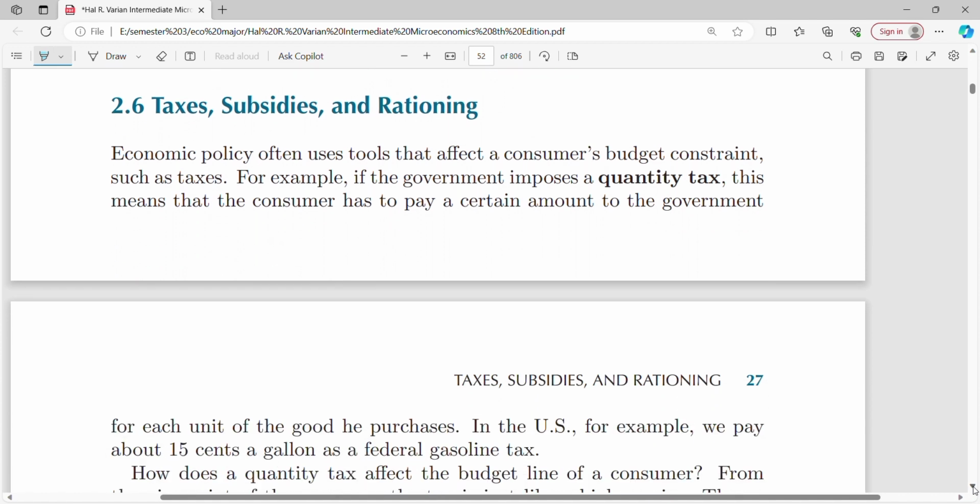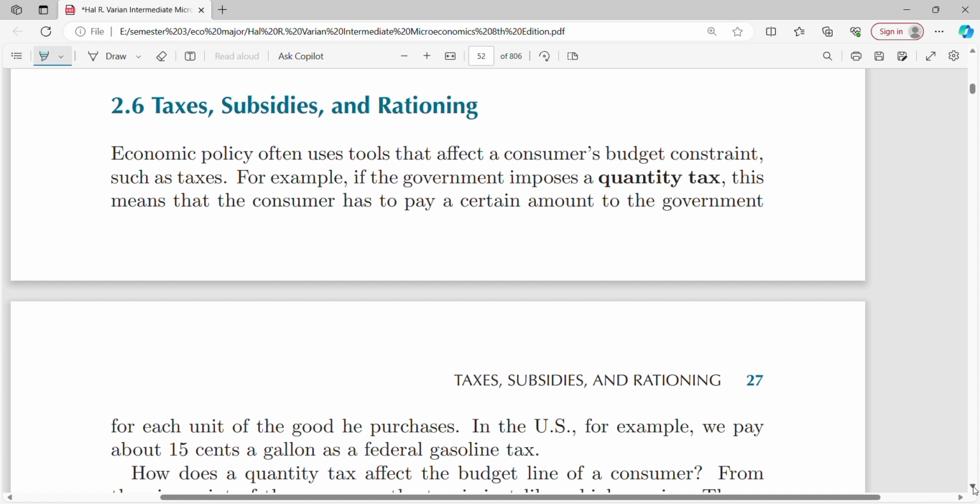The next is taxes. So what is tax? From the perspective of the consumer, tax is nothing but an extra amount to pay. So an increase in prices, that's tax. And subsidy means a decrease in prices.